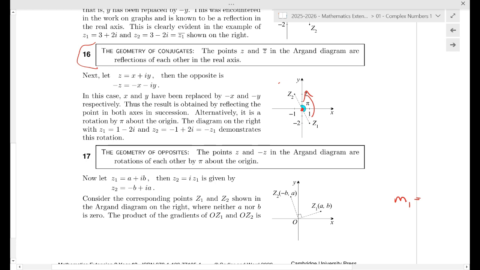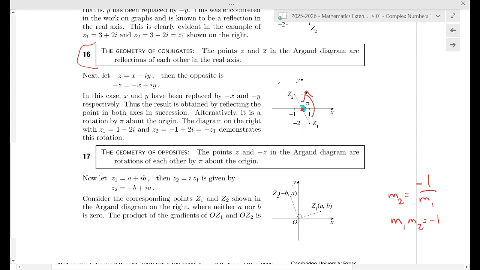If I go M2 equals minus 1 over M1, the negative reciprocal, what is that? It's perpendicular. M1 times M2 equals minus 1 is the definition of perpendicular gradients.